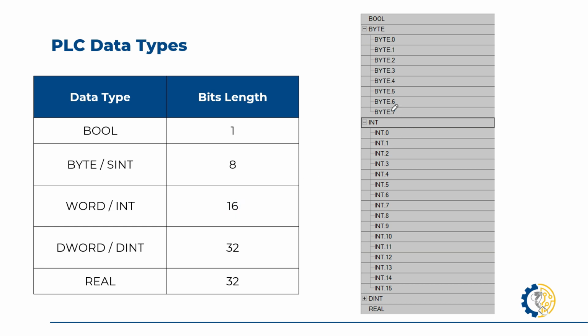Now, 1 byte, as it says here, what does it match? 8 bits. One Boolean, let's suppose, is 1 bit. So if we break it down, because I love how Allen Bradley has this structured, and this is how our concepts are clearer. So byte.